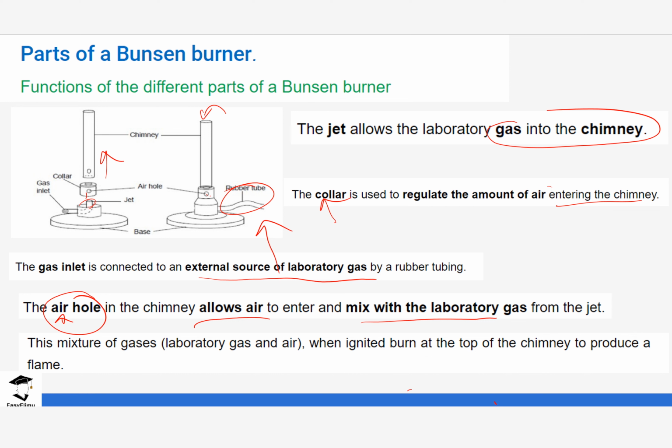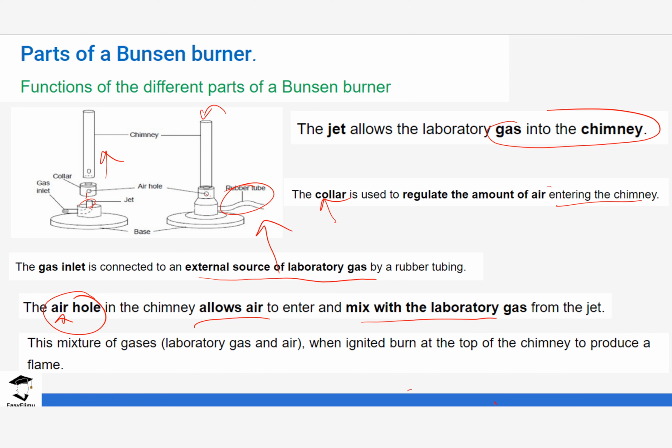But there are other connective parts that form the Bunsen burner. So there's a jet and also there's an air hole. The jet usually allows the laboratory gas into the chimney. The collar helps to regulate the amount of air entering the chimney by opening and closing the air hole. And then we have a gas inlet, which is connected to a rubber tubing that is connected to the external source of laboratory gas.